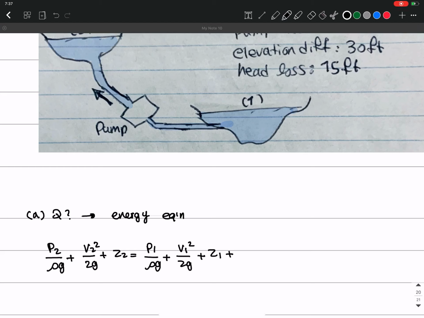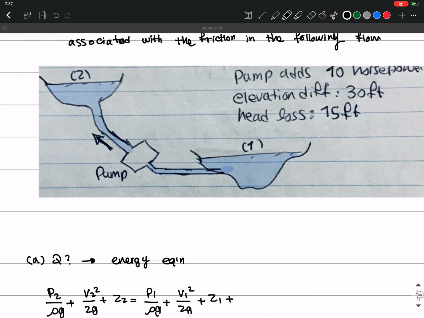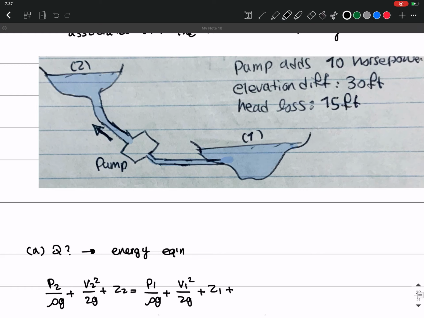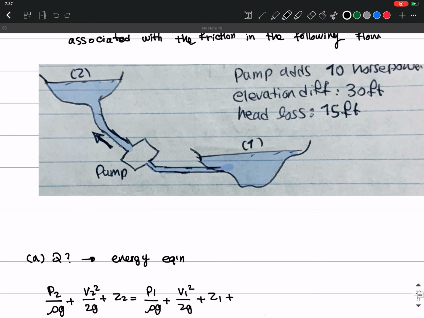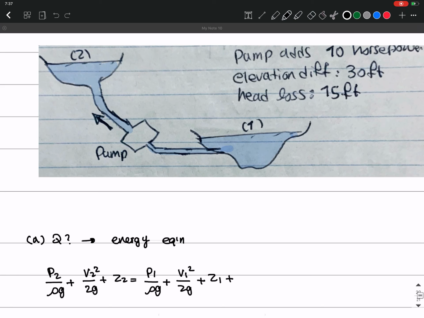Why did I divide everything by rho G? Because I wanted to convert everything to head. So this was one form of the Bernoulli equation, if you remember, because now everything is in terms of Z, or elevation, or head, or meters, or foot, depending on your dimension, right? And the reason I did that is because the problem gives me the pump power, 10 horsepower, but also it gives me the elevation, and also the head loss. So I know how much of the energy is lost, but it gives me the head of that, so it's in terms of 15 foot, right?